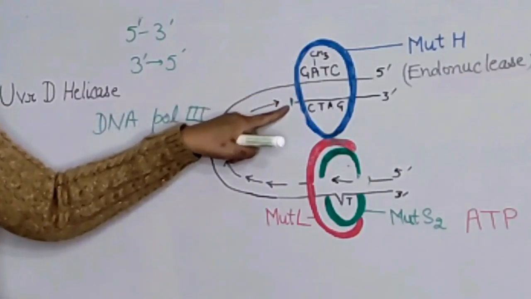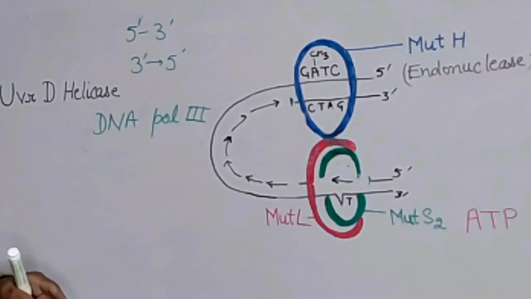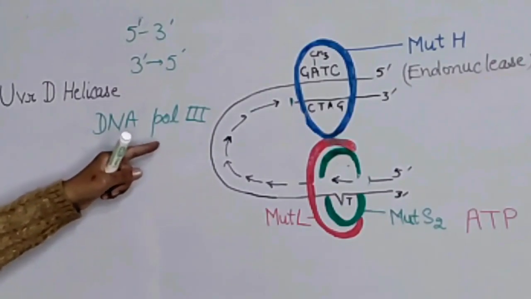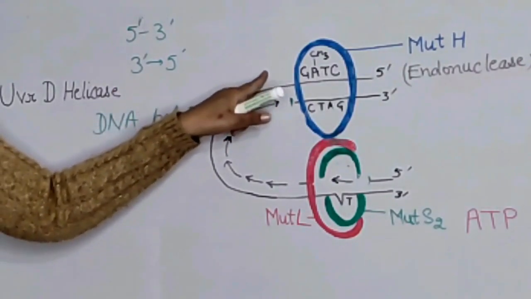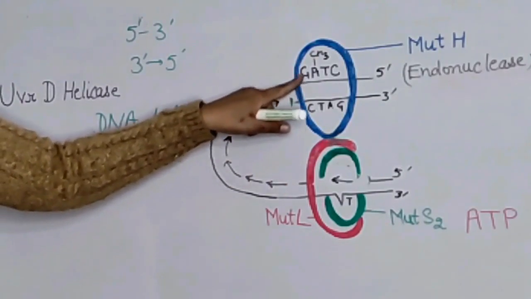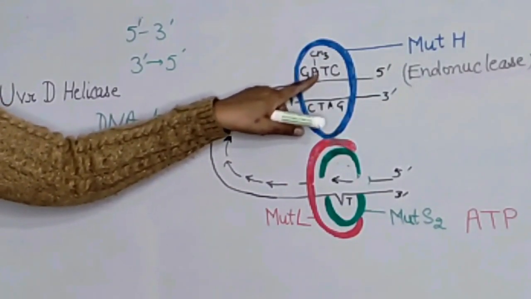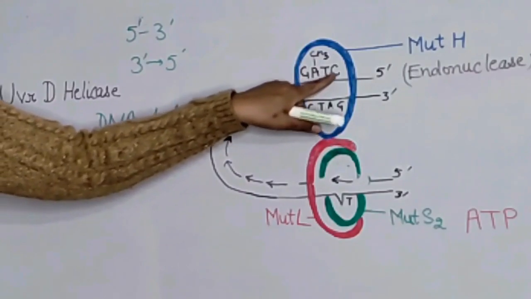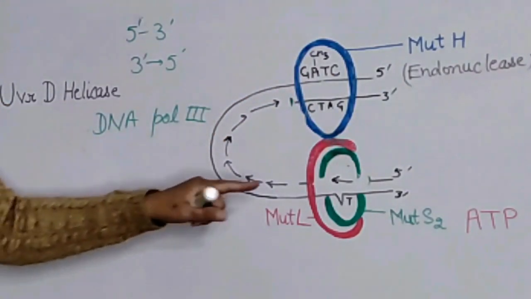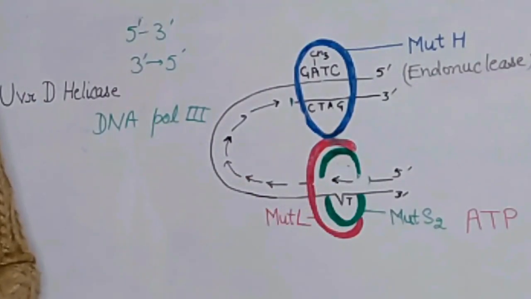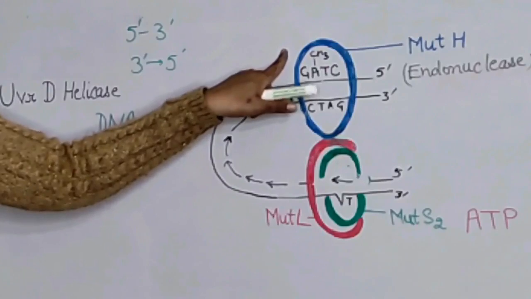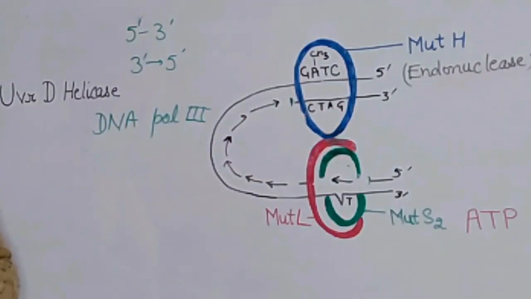This methylation does not occur immediately after the replication. It takes some time for the enzyme DNA adenine methylase, or DNA adenine methyltransferase, to methylate the adenine present in the GATC segments. So during that period, this mismatch repair is done, because during that period only we can know which is the parent strand and which one is the complementary strand.